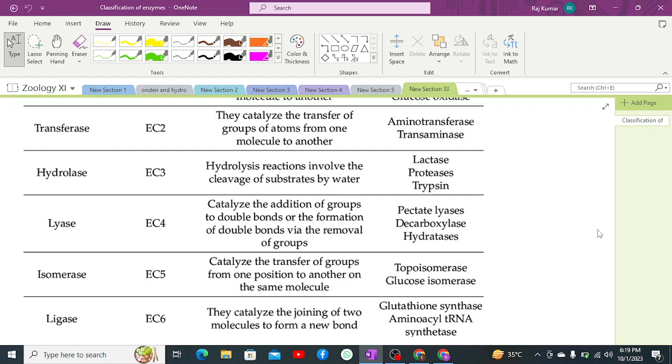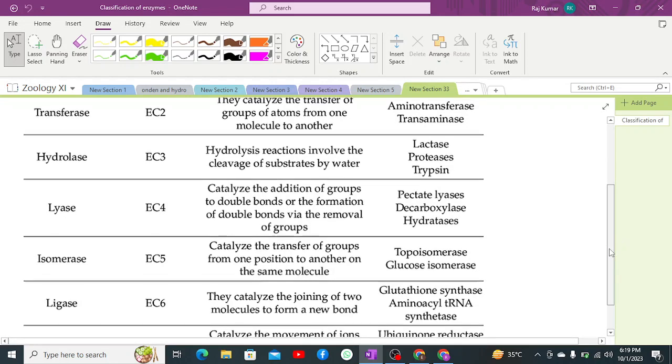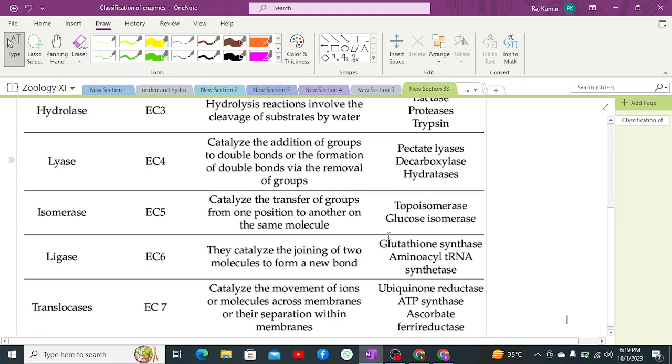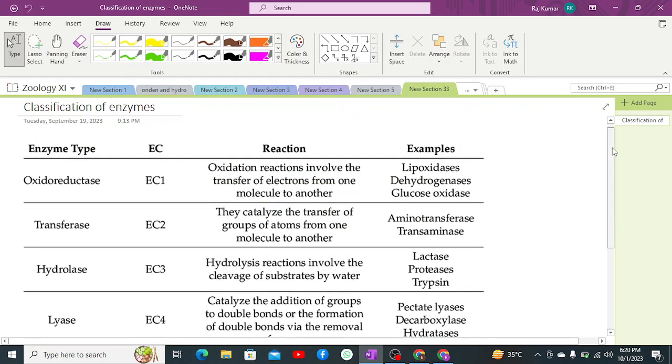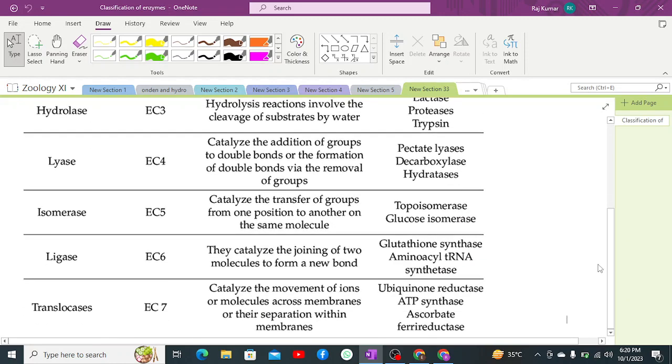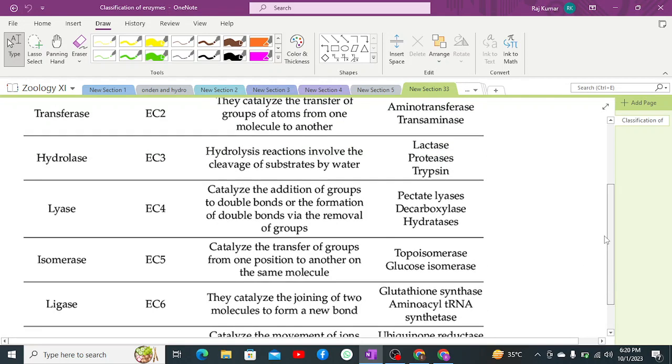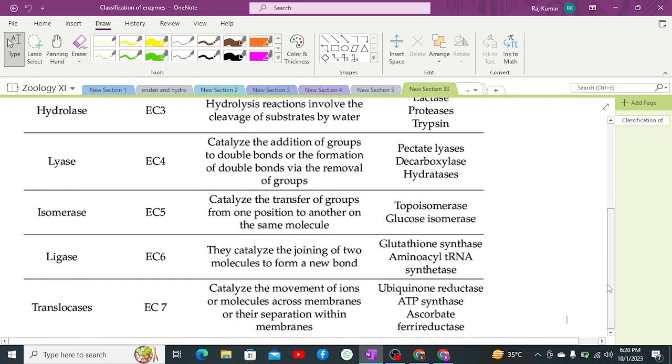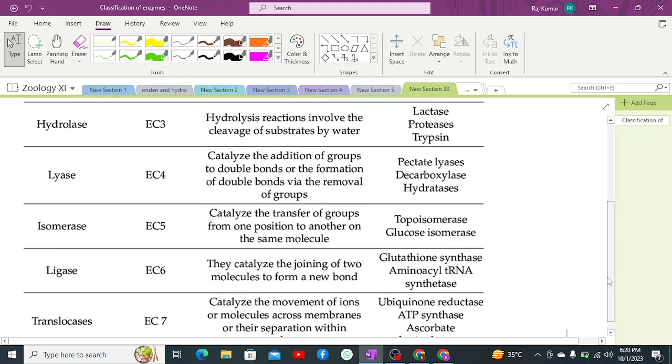On the other side, regarding hexokinase, we have hexokinase inside the isomerase, because hexokinase converts glucose into glucose 6 phosphate.